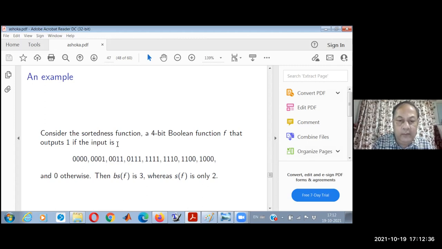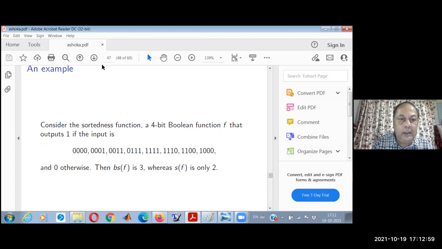That also I don't find here. So the value of the function changes. If you change the last 0, it doesn't change. So the local sensitivity at the first 4-tuple is 2. And you just believe me that that's the maximum. So the sensitivity is 2, and one can check that the block sensitivity is 3.